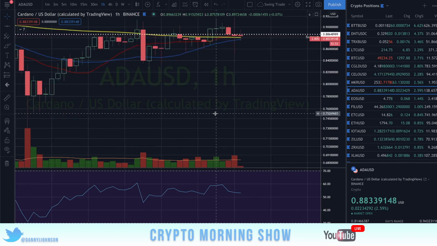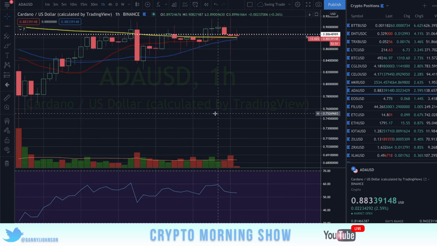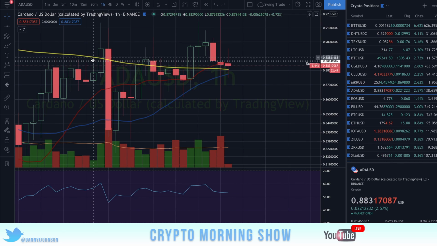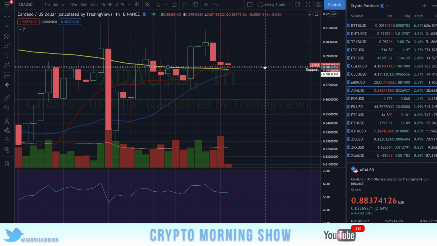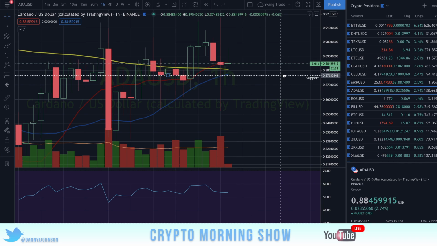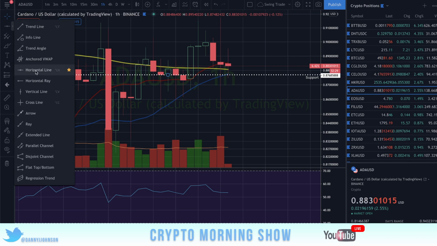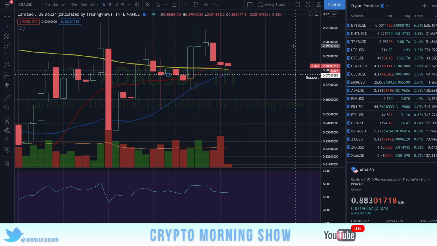ADA USD. As you can see, we did go down and test it right here. So first level of support is going to be right at 0.8767 for Cardano, and then the first point of resistance is going to be 0.8970.